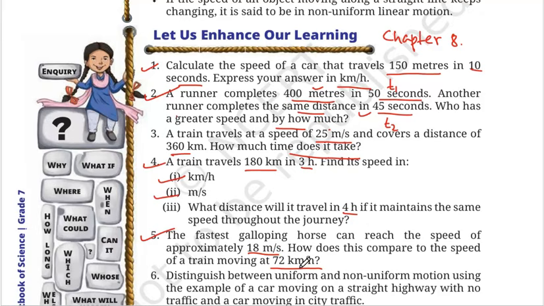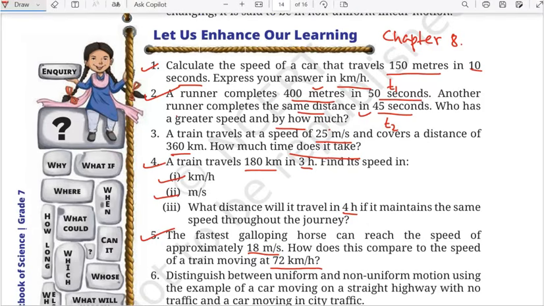So remember, whenever you have to compare two things, you have to have them in the same unit, right? If this is 18 meter per second, get this also to meter per second. Or if you want to convert this to kilometer per hour, make it into the same unit. All right. So let us see how we can do it.